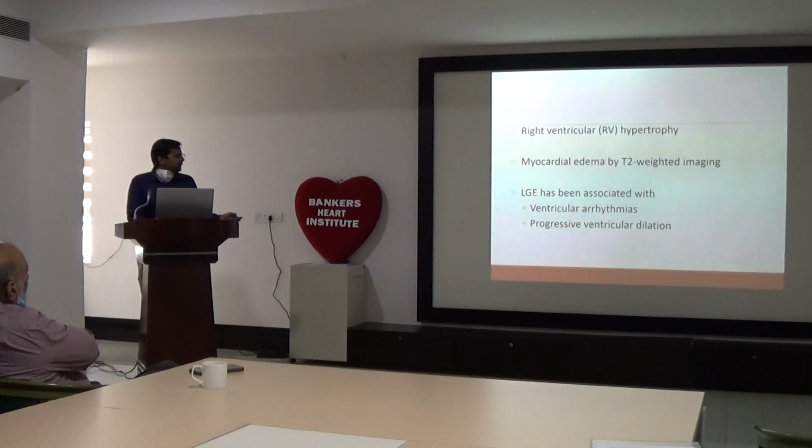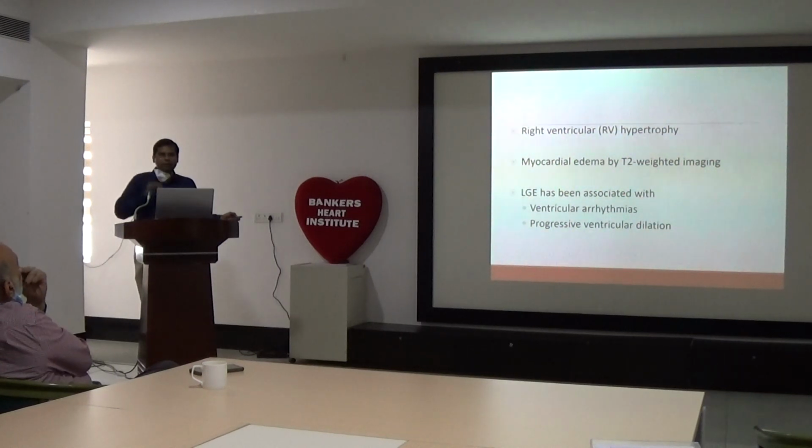This is a recent update. Recently, late gadolinium enhancement is more associated with ventricular arrhythmias and progressive ventricular dilatation. Presently, according to the recent update, if late gadolinium contrast is more than or equal to 15% of the total ventricular mass, it is an indicator or supportive factor to implant the ICD.